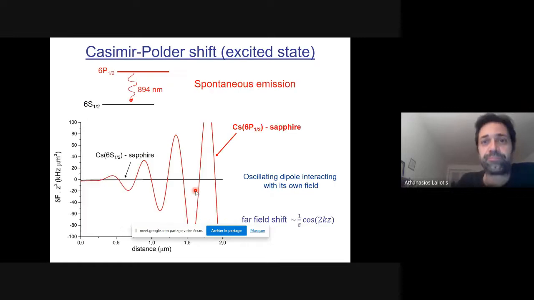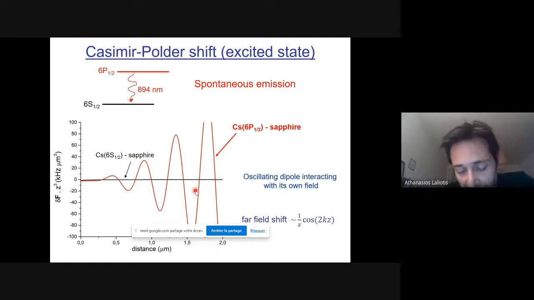Okay, but there are not only ground state atoms, right? There are also excited state atoms, and these are quite important for us, especially if you're doing spectroscopic experiments. In excited state atoms, there are many things that are different and actually very interesting. The interesting thing about excited state atoms is, of course, the fact that they can spontaneously emit.